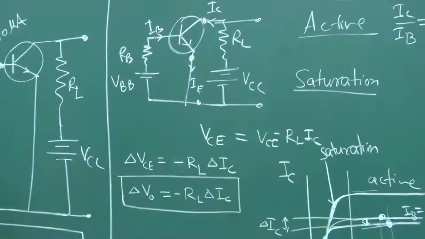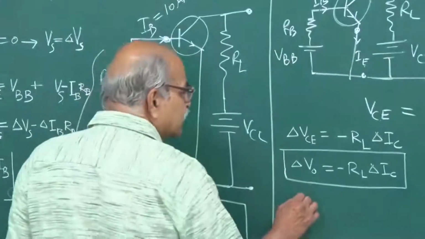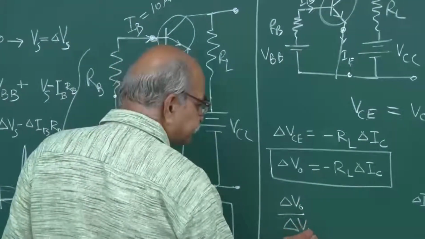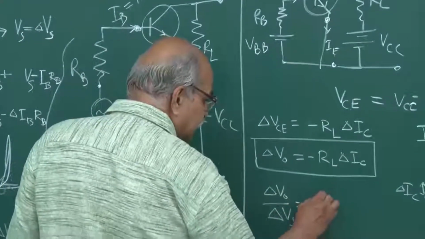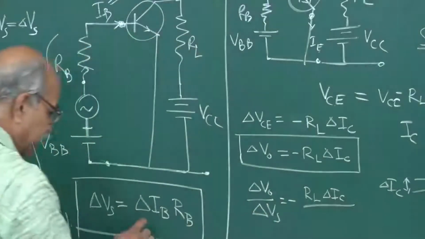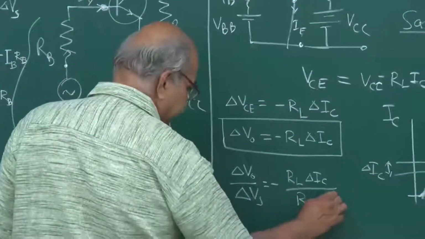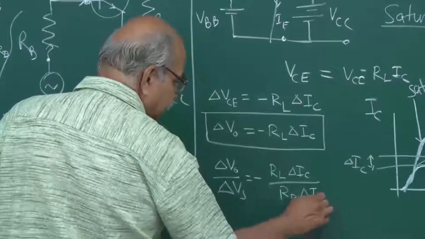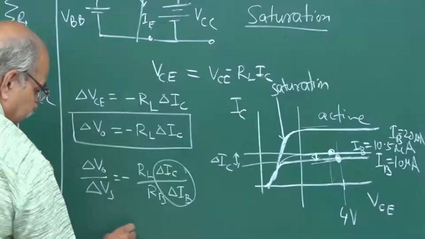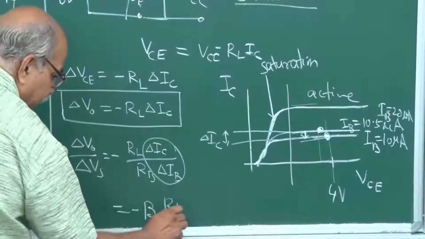And if it is all linear, delta VO divided by delta Vs is minus RL delta IC, divided by RB and delta IB, and this is beta. We are in the active region, so this is beta. So this is minus beta times RL by RB.